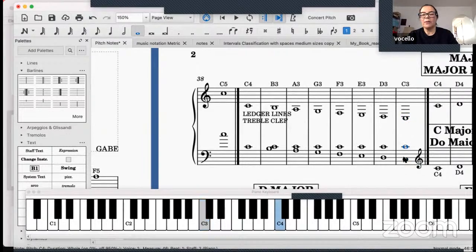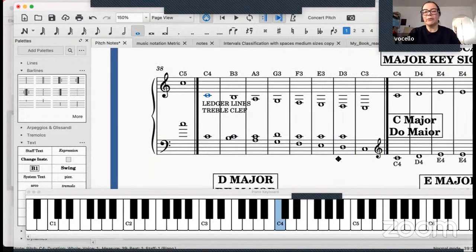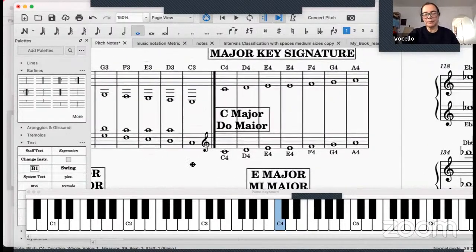That's C4, sorry. Let me eliminate that C4. Now it's C3. C3. Just the location, the address of the pitch notes.